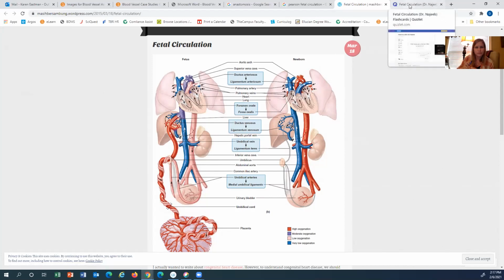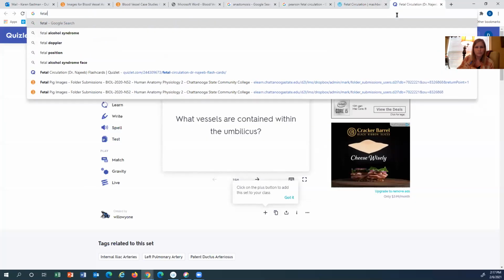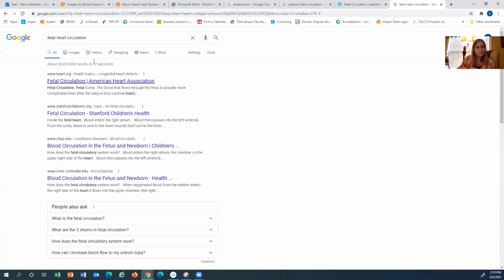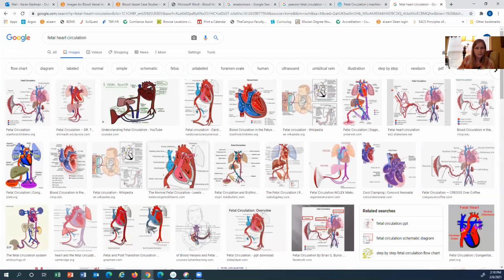So let me see if I can get, let's do fetal heart circulation. Fetal heart versus adult.